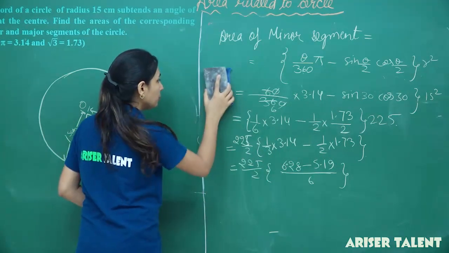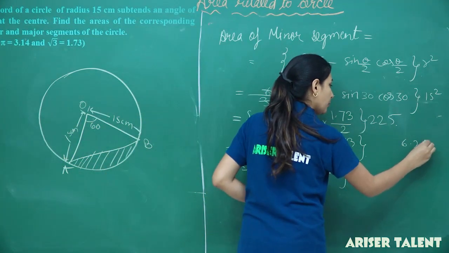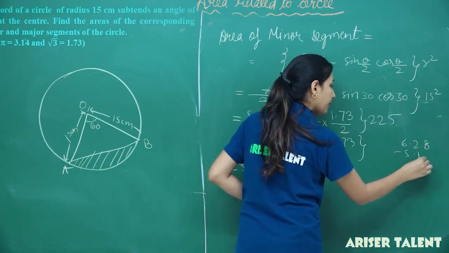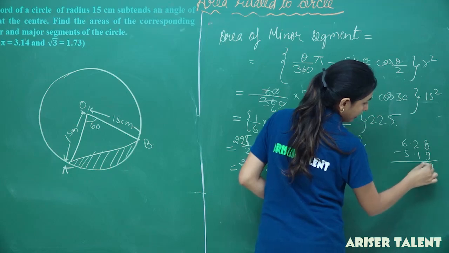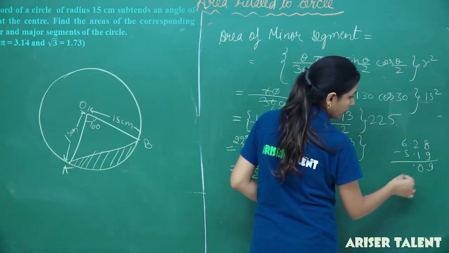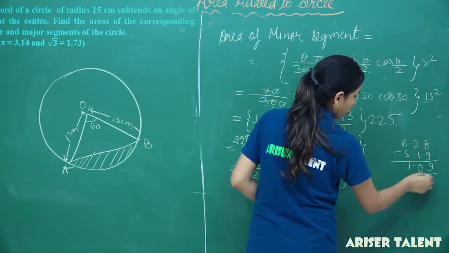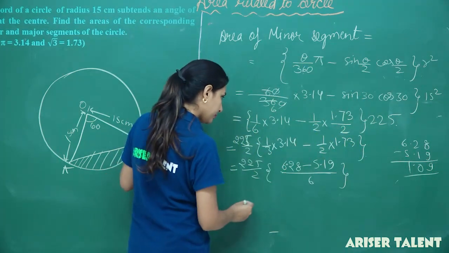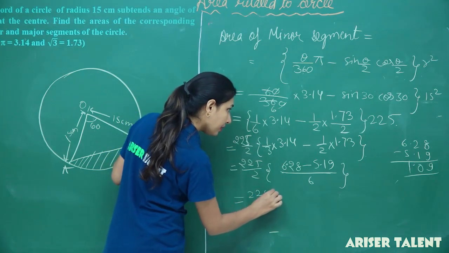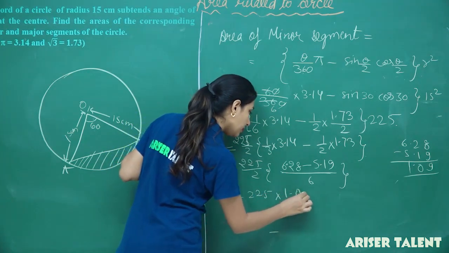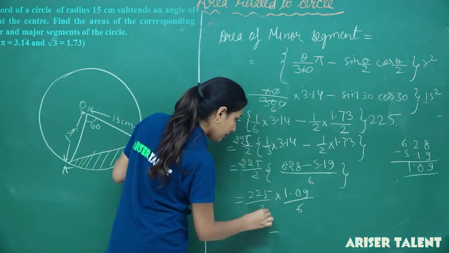So what I can do, I can just subtract them. This 6.28 minus this 5.19 will give you what? 1.09. Okay, so that will be 225 multiplied by 1.09 divided by 6 and here by 2.